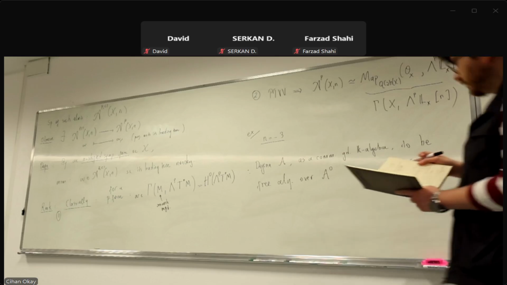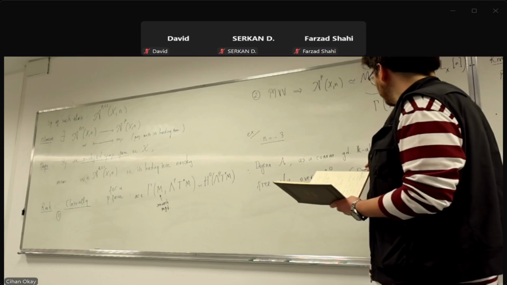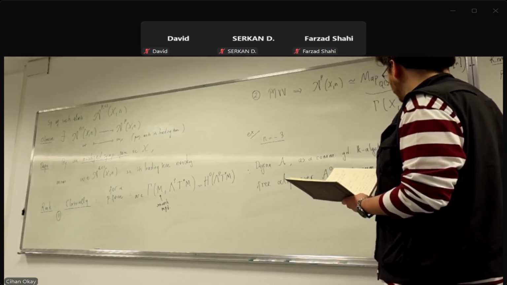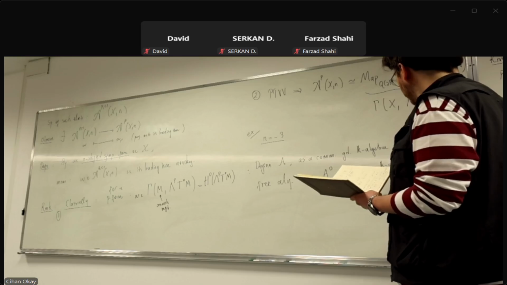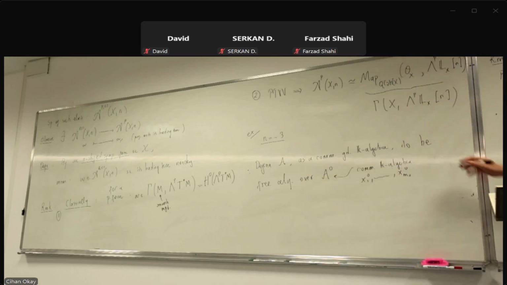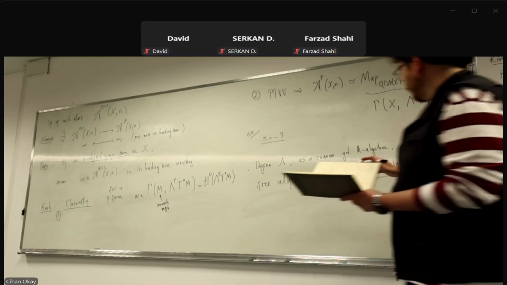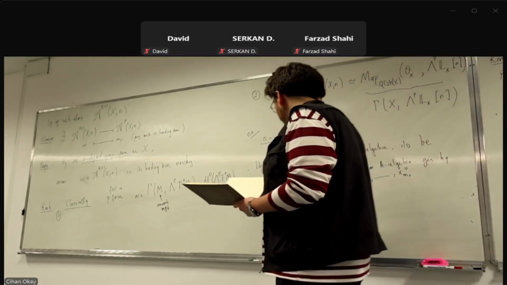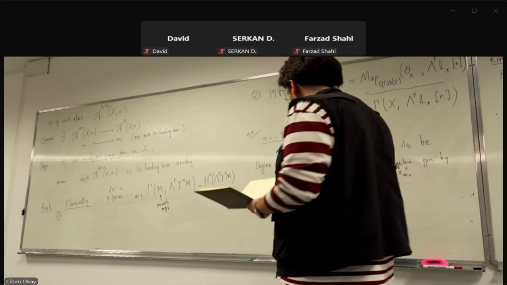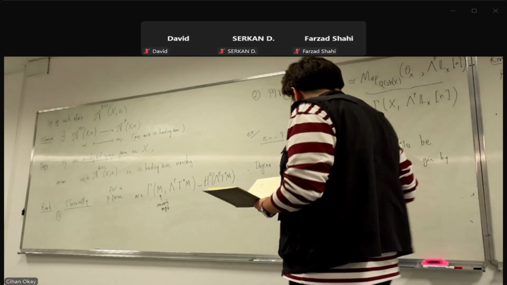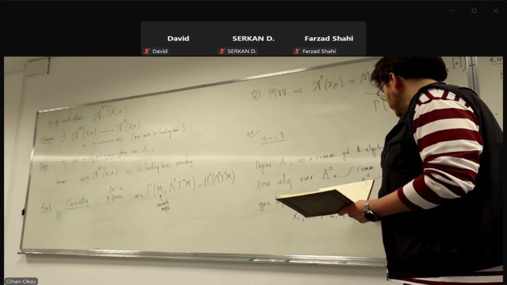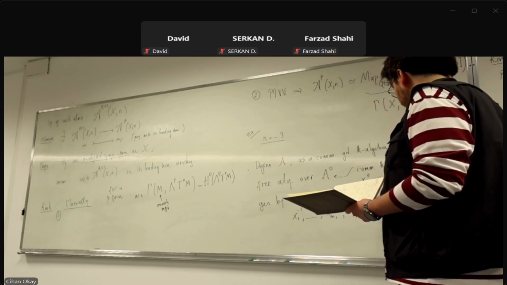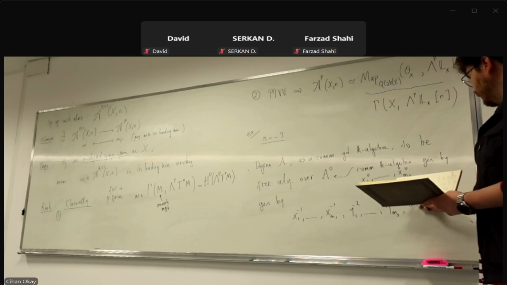A0 is some given K-algebra, just a commutative K-algebra, let's say with generators x1^0, ..., xm^0. And it is a free algebra over A0 generated by the following variables. We have variables in degree -1, and variables in degree -2 and -3.